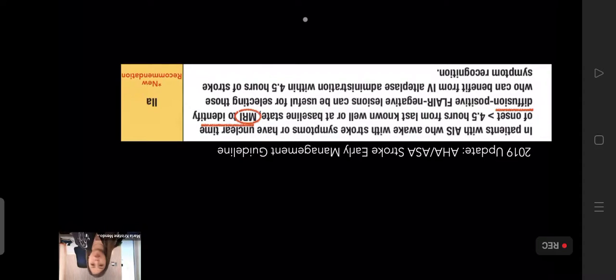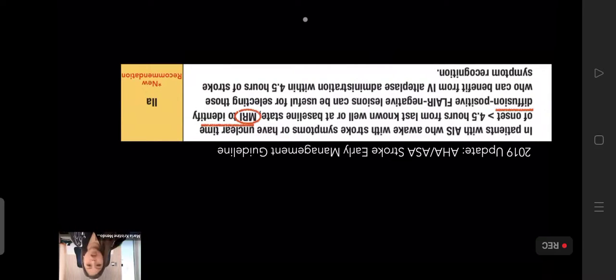Wake up stroke is defined as those patients who do not have a known time of symptom onset, and it actually comprises a significant percentage of stroke patients, about 20%. And so this is a relevant number of patients that might benefit from reperfusion. And so MRI will actually help us determine whether they may still be eligible for treatment.